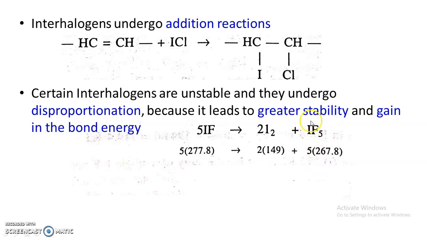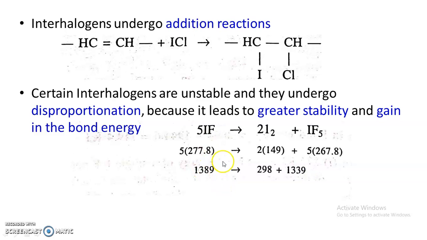There is also a formation of iodine pentafluoride as one of the products, and there are 5 iodine-fluorine bonds, and the bond energy for the iodine-fluorine bond is 267.8. There are 5 such bonds, and therefore 5 into 267.8.